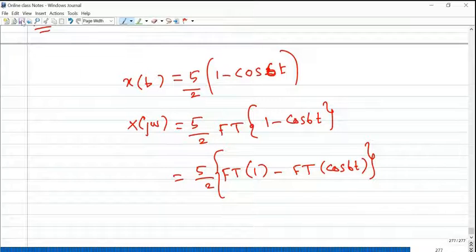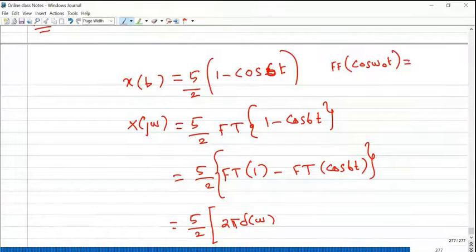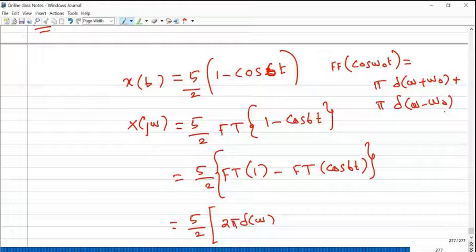Fourier transform of 1. You remember the result for the Fourier transform of 1? In the beginning of the Fourier transform, we solved it. The Fourier transform of 1 is 2π δ(ω). Okay. And the Fourier transform of cos ω₀t: the result is πδ(ω + ω₀) + πδ(ω - ω₀).